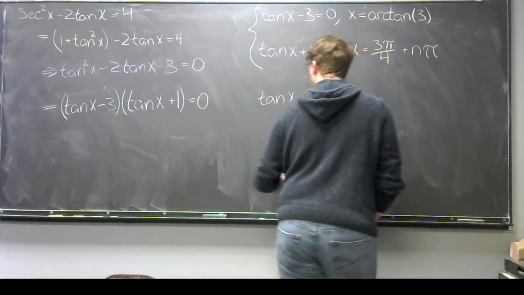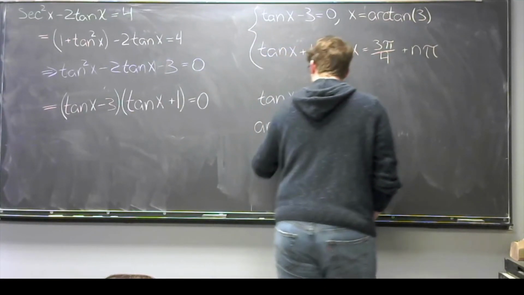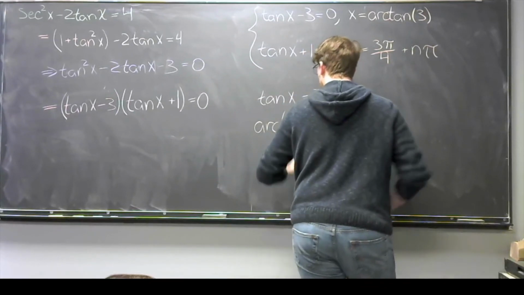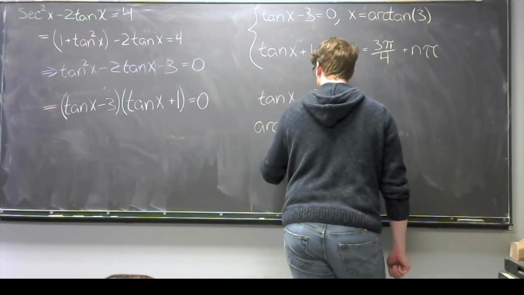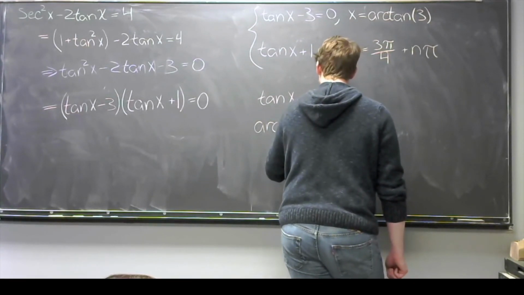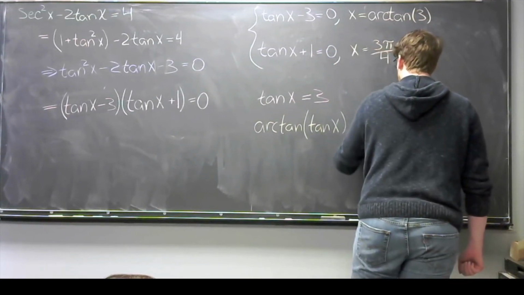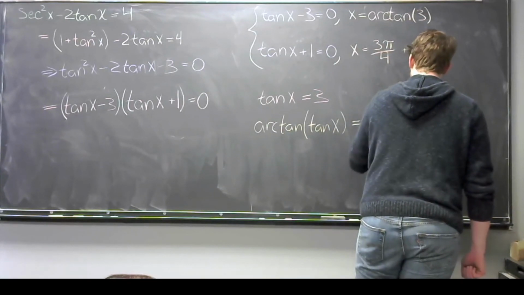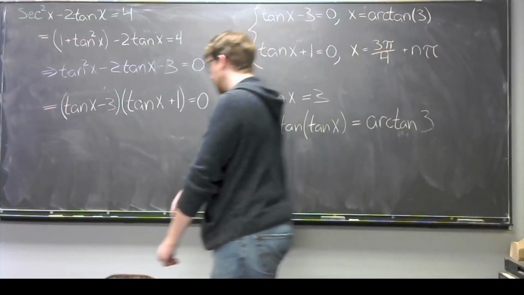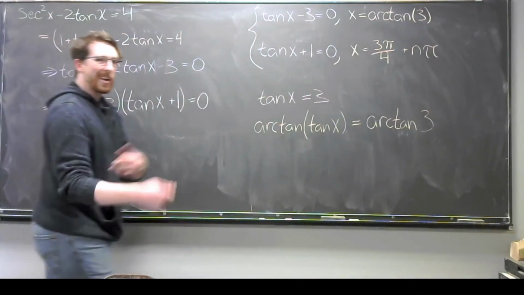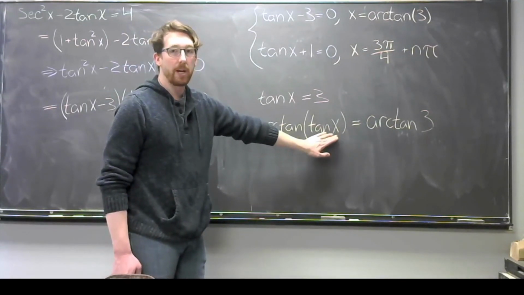When I do that, I have arctan of the tangent of x is equal to arctan of 3. Well, taking the arctan of tan just gives back whatever we're passing through tangent, right?